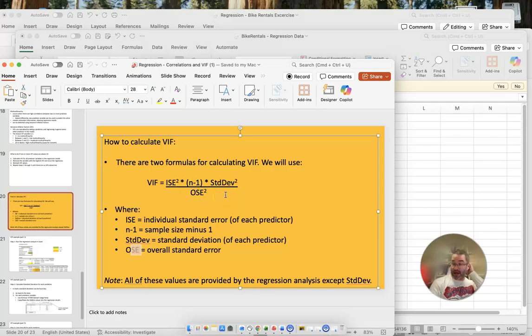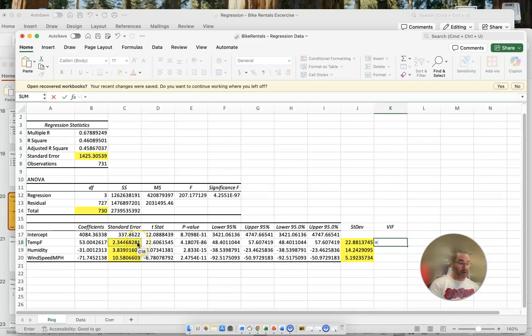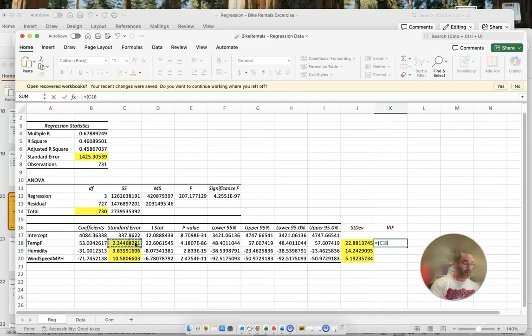And so let's try to actually solve this now. All right, so in the numerator we need individual standard error squared times n minus 1 times standard deviation squared. Let's start with that. Individual standard error. We might need some parentheses here. We're going to square that, multiplied by n minus 1, multiplied by the standard deviation, also squared.